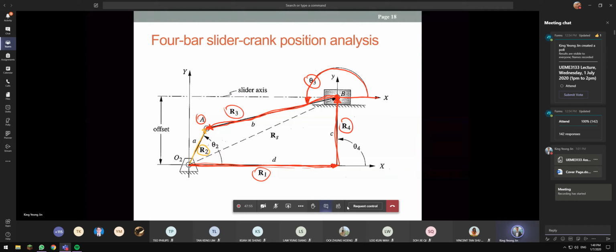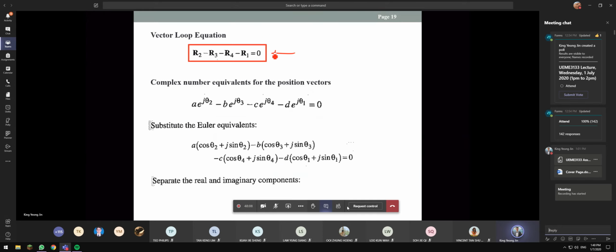So when you write your R2 is equal to R1 plus R4 plus R3. If you rearrange it, that's where you get this equation, R2 minus R3 minus R4 minus R1 equal to 0.